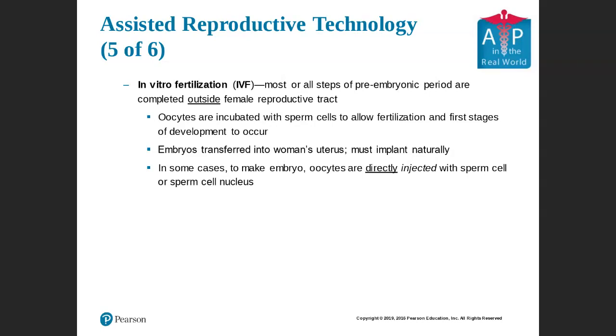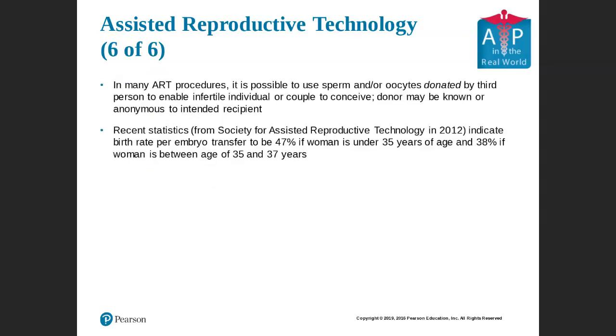Oocytes are incubated with sperm cells to allow fertilization and the first stages of development to occur. Embryos are then transferred into the woman's uterus, and these then implant naturally. In some cases, to make the embryo, the oocytes are directly injected with a sperm cell or a sperm cell nucleus. So that's what we refer to as IVF, in vitro fertilization.